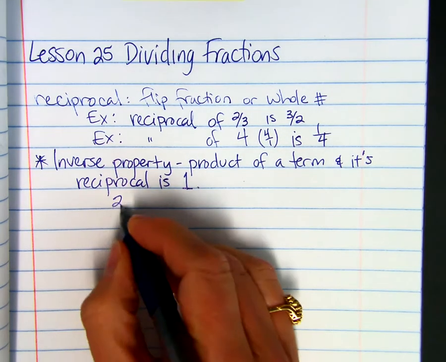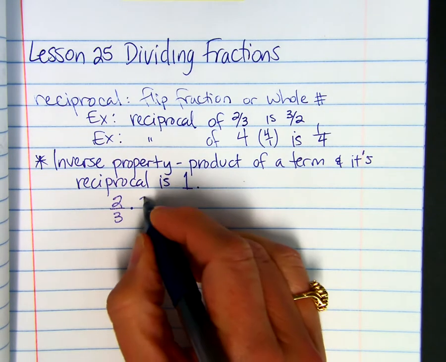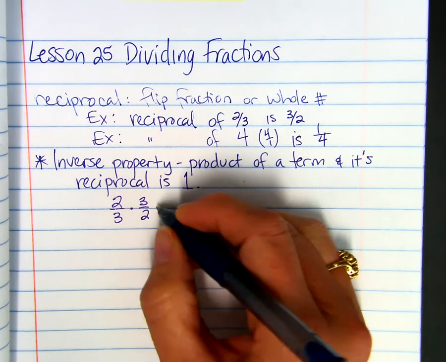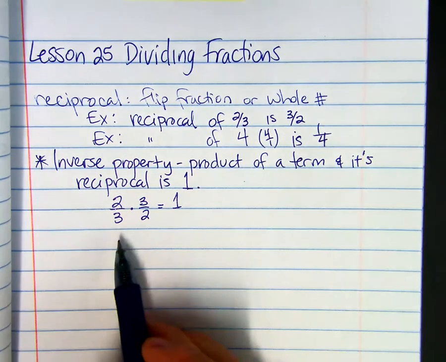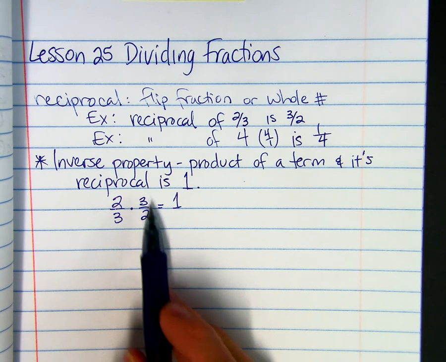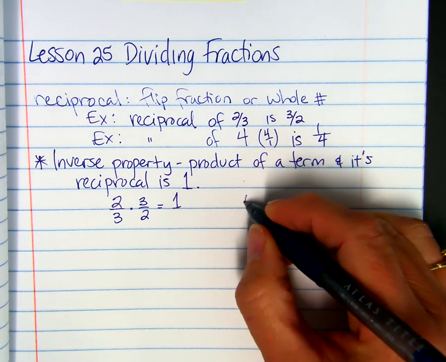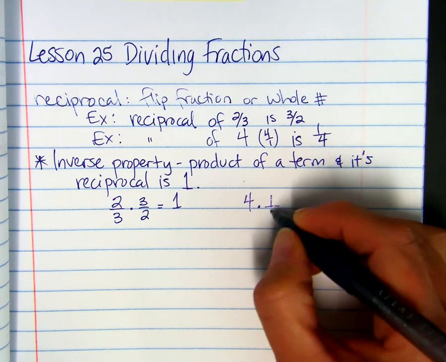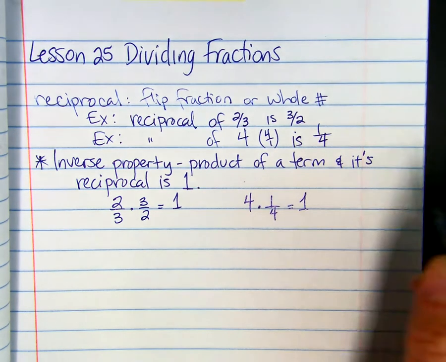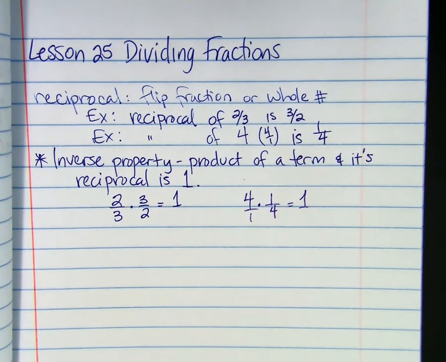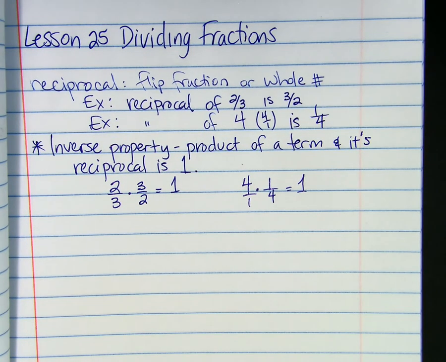So if I multiplied 2/3 times 3/2, and remember when we learned to cancel yesterday, if we canceled those out, we just get 1. So this was 2/3, its reciprocal 3/2. The product will always be 1. And 4 times 1/4 is also 1. And if you look at 4 as 4/1, you can see that you're going to get 1.